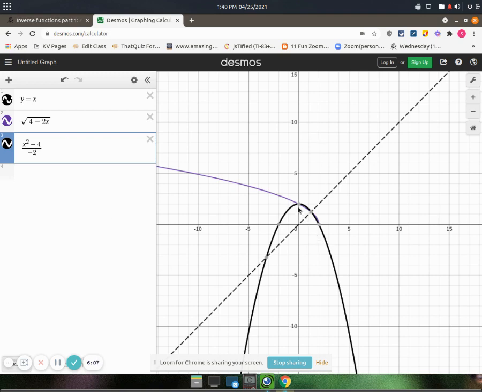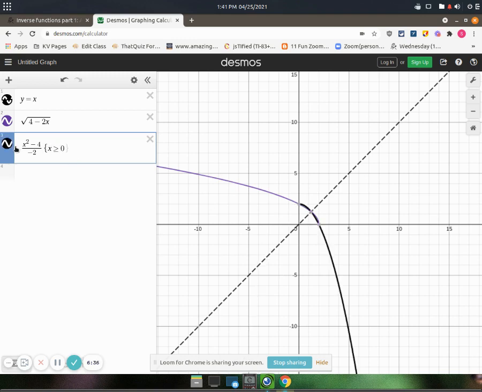It's kind of hard to tell based on this, but it's always going to have something to do with this vertex, and you're going to ignore part of the graph. So I'm going to do curly braces here, and let's say I did x is greater than or equal to 0. That looks like that's going to work. If I had done x is less than 0, I do not get a reflection. There's no reflection going on there.